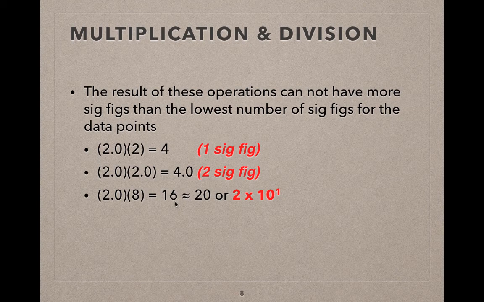We're only allowed to have 1 significant figure, so we're going to round that up to 20. Now, when you report the value of 20, we don't really know if that has 1 significant figure or 2 significant figures, so a better way to report that would be as 2 times 10 to the first in scientific notation. And now we see that this value has only 1 significant figure, and that's what our answer should have.